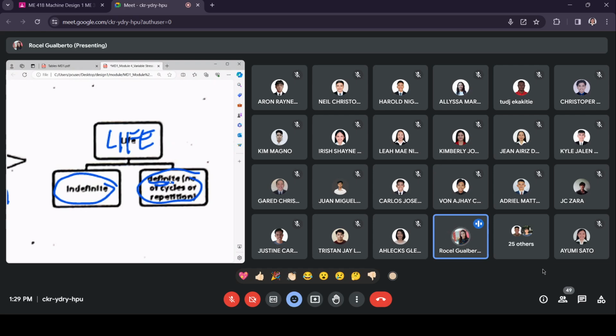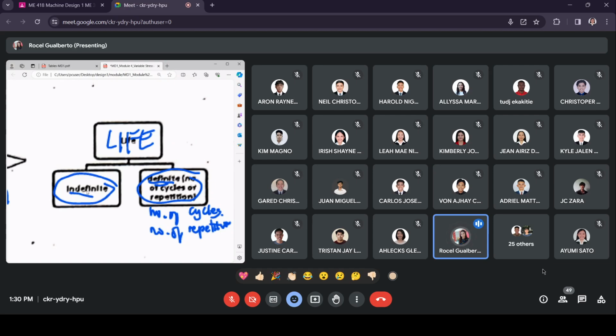If you are given the number of cycles, the number of repetitions, that would be the indicator that you are to design based on the definite life. Unlike humans, where life is by the number of years, for machine members it is the number of cycles or repetitions as it functions. So if you see these phrases in the problem, you are to design based on the definite life. If not, you are to design on the indefinite life basis.